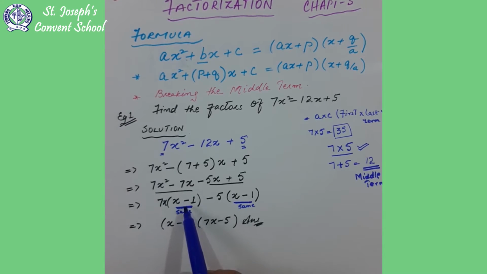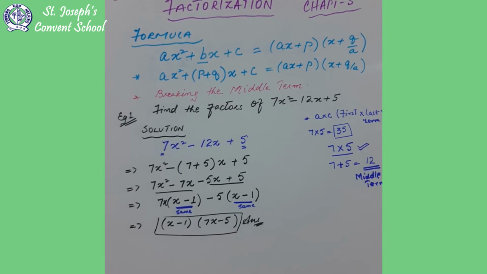If signs are different, one is with minus sign, second bracket is with plus sign, it means that factors are wrong. Or if you are getting different numbers in the bracket, it means that factors are wrong. So it is necessary that these two brackets come same. Okay, if these two are same, it means that your factors are correct. Okay, so this is the answer, x minus 1 and 7x minus 5.